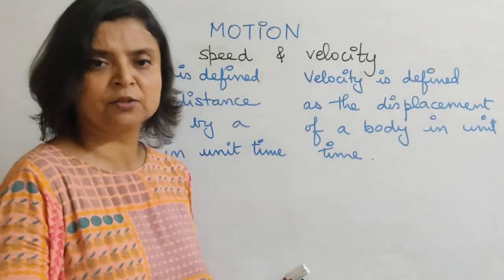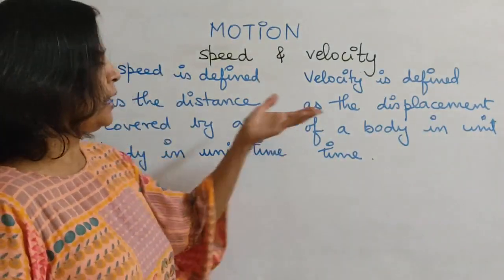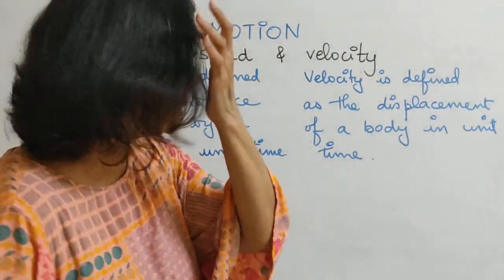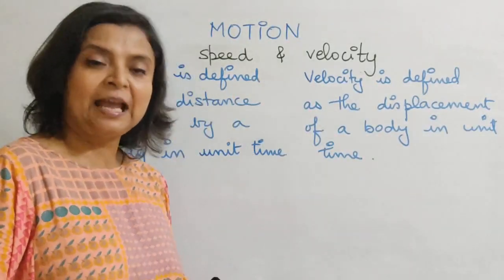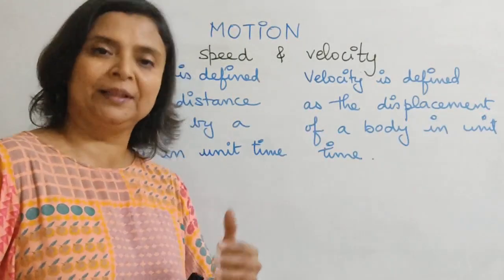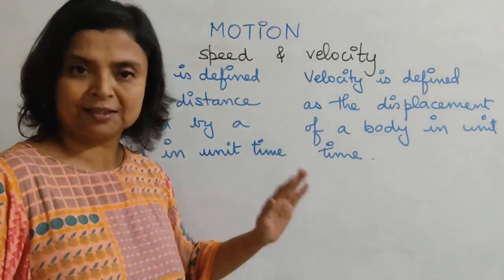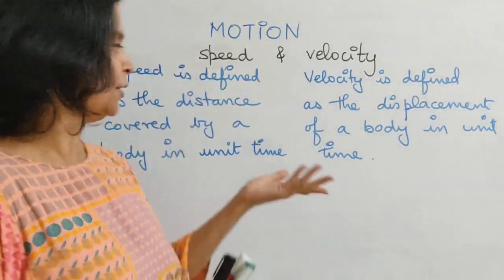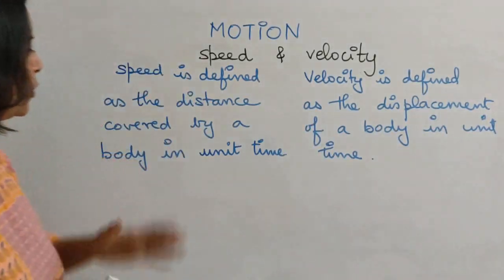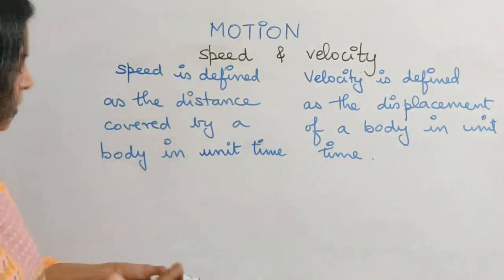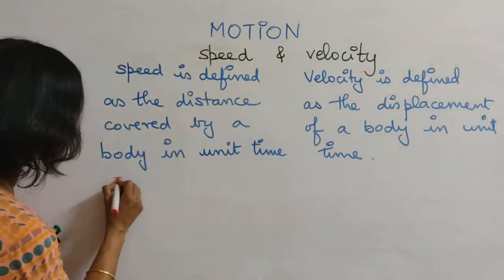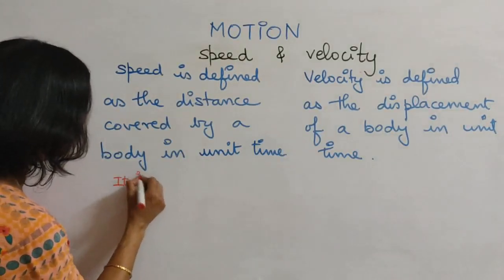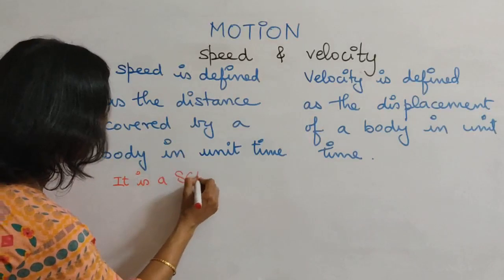There are multiple ways of expressing it. You can also say the rate at which displacement takes place. So, do check what your school teacher has made you write, and I would say that please go with it. This is for better understanding, and if your teacher doesn't mind, well and good. Okay, so this is the definition. Now, the second part is, of course, as we did earlier, it is a scalar quantity.